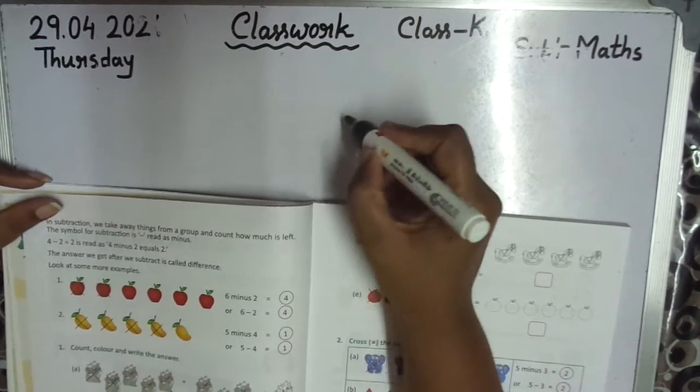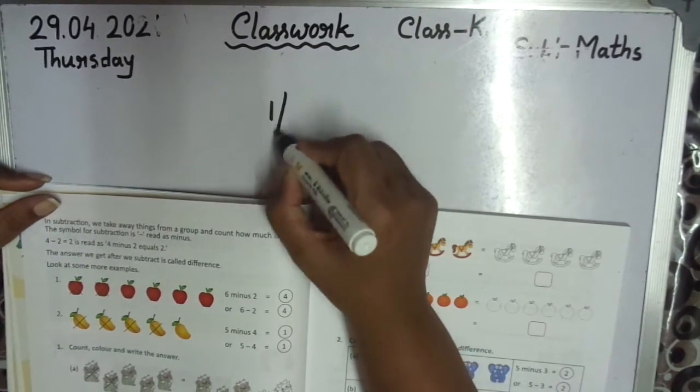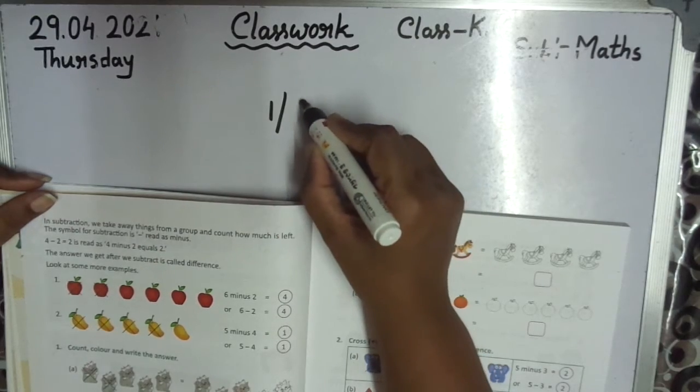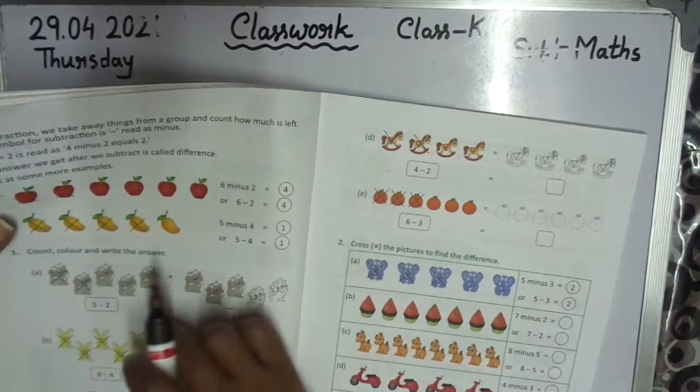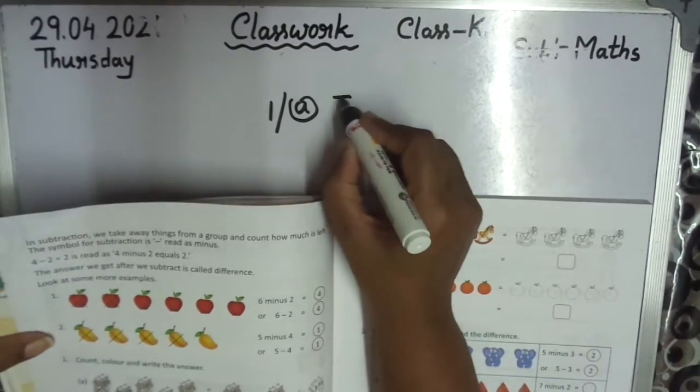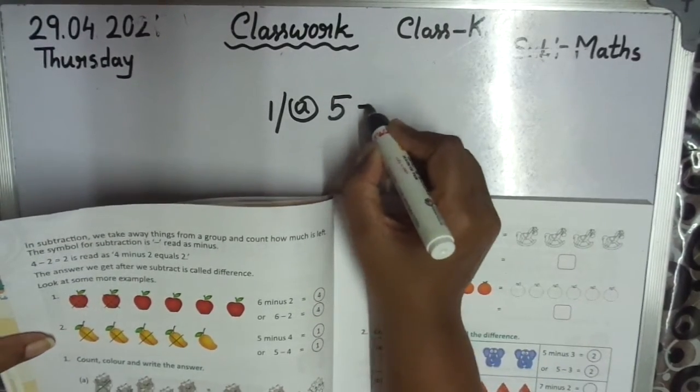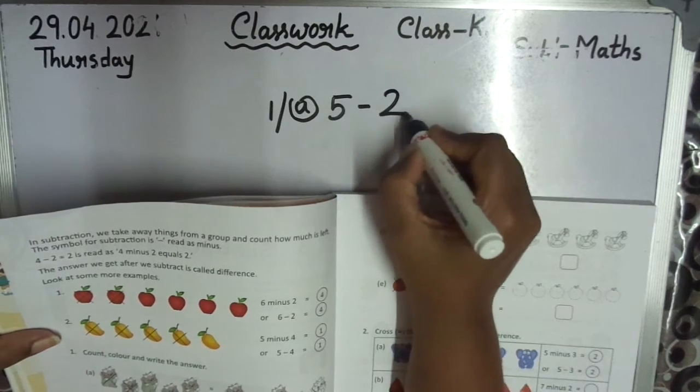First question, question A. 1, 2, 3, 4, 5 cats. So I write here 5 minus, the question is 2.